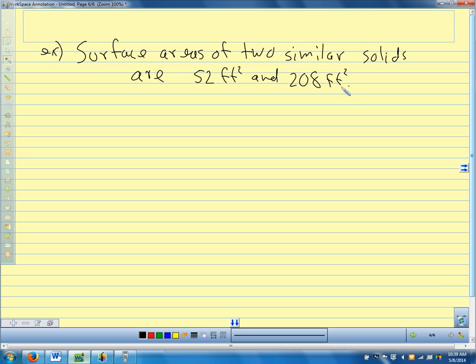The volume of the larger is 192 cubic feet. Find the volume of the smaller.